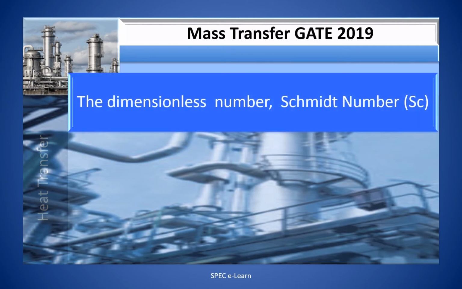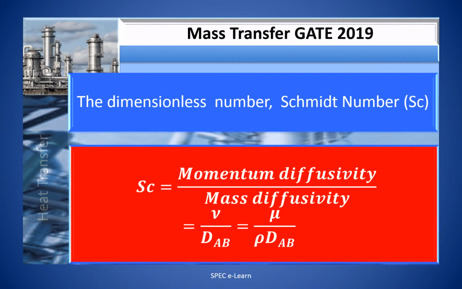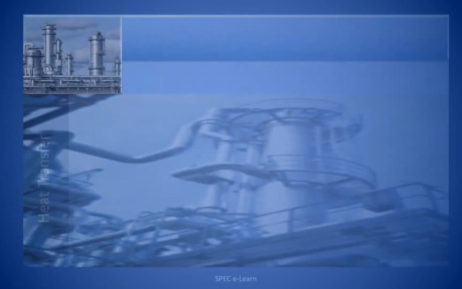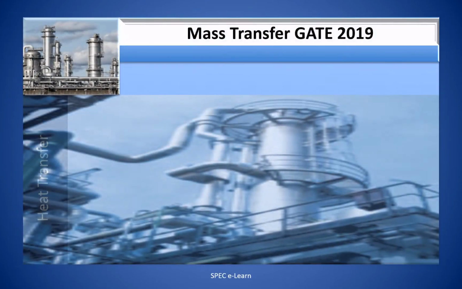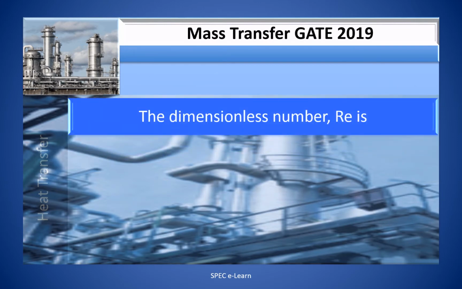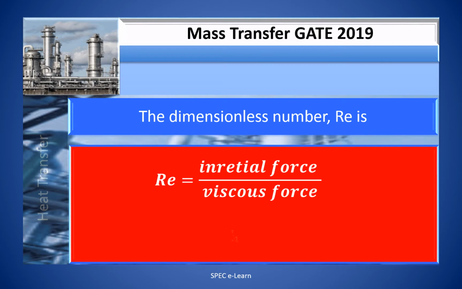The dimensionless number Schmidt number is expressed as the ratio of momentum diffusivity to mass diffusivity, which equals mu divided by rho into DAB. Similarly, the dimensionless number Reynolds number is expressed as the ratio of inertial force to the viscous force, Re equals D u rho by mu.